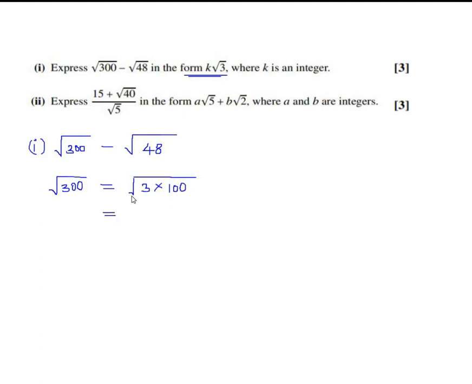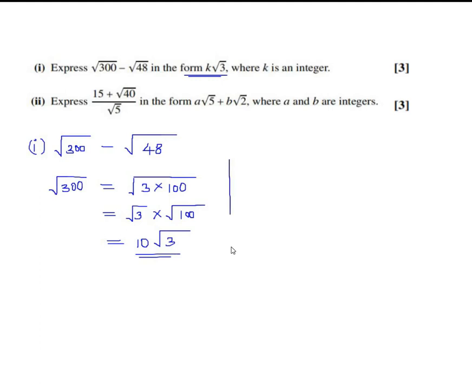Now I can simply split it as square root of 3 times square root of 100. Now square root of 100 is 10 and square root of 3 cannot be simplified. So this is the most simplified answer for square root of 300.